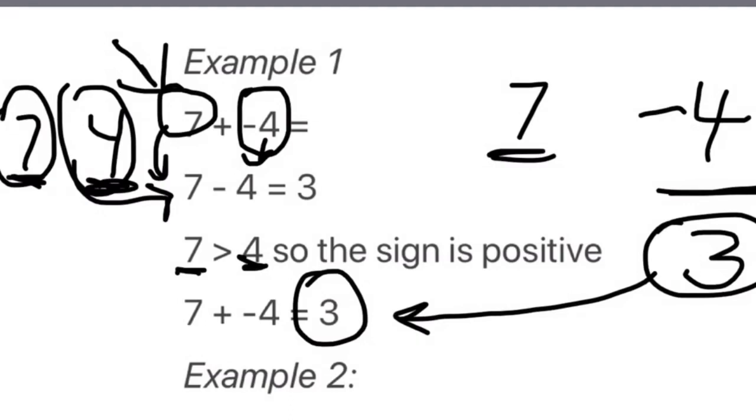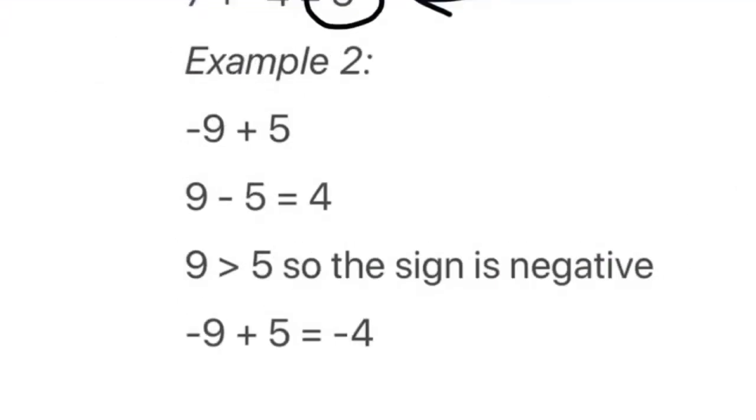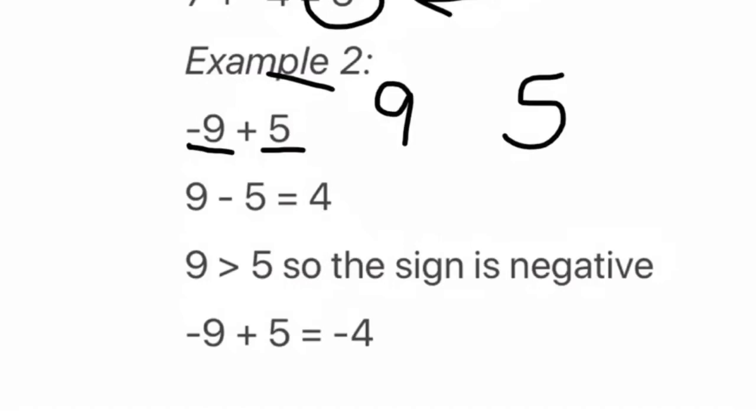Let's look at example number 2 using the steps. Step number 1 is to find the absolute value of both numbers that you're adding. So I'm going to find the absolute value of negative 9, which is 9, and 5, which is 5. Then I'm going to subtract the smaller number from the larger number. 9 minus 5 is 4.